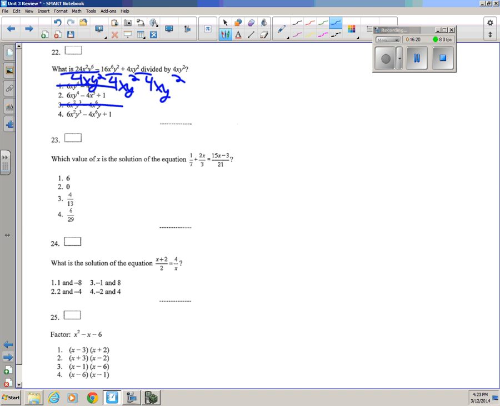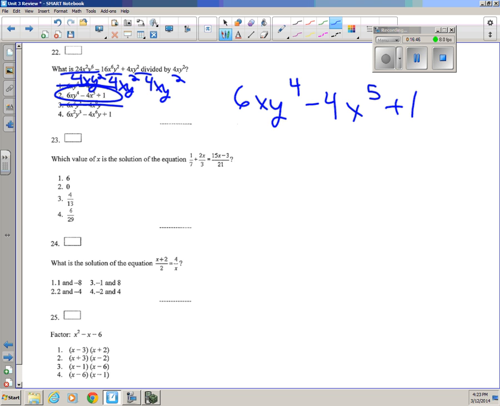So 24 divided by 4 is 6. There's more x's on top by 1, more y's on top by 4. That's enough. You know it's going to have to be choice 2, but let's keep going. Negative 16 divided by 4 is a minus 4. There's more x's on top by 5. The y's cancel. And then anything divided by itself is just 1.